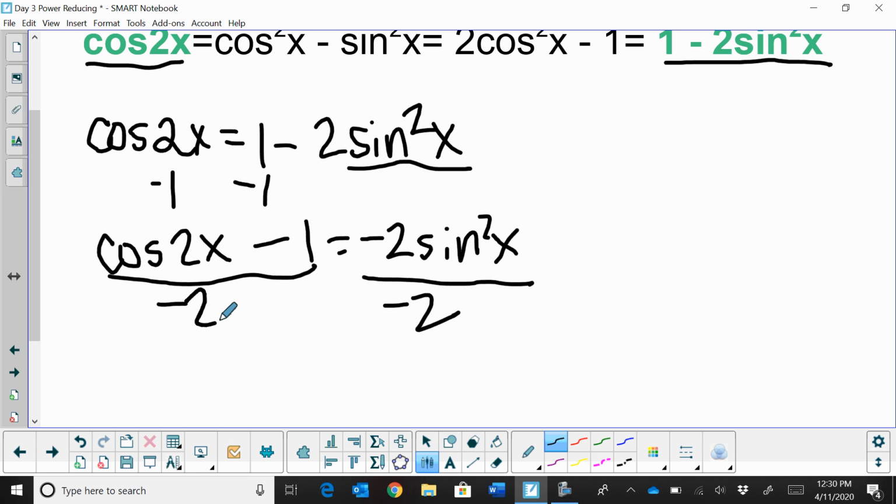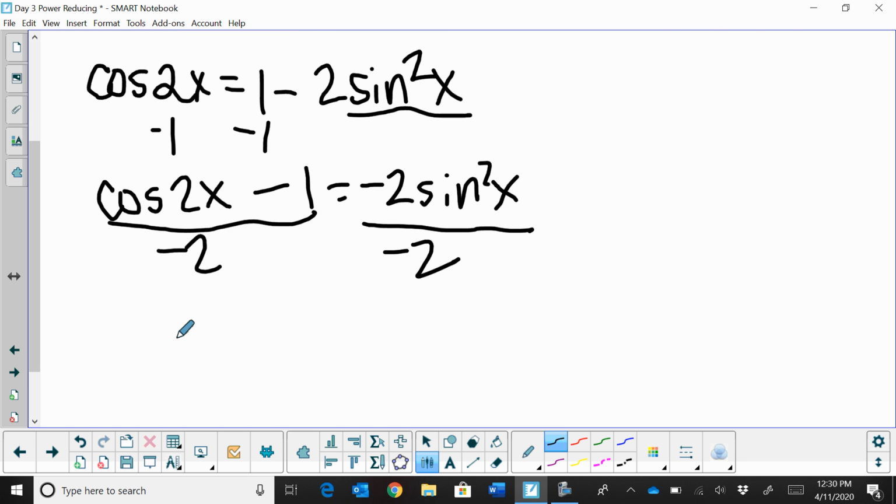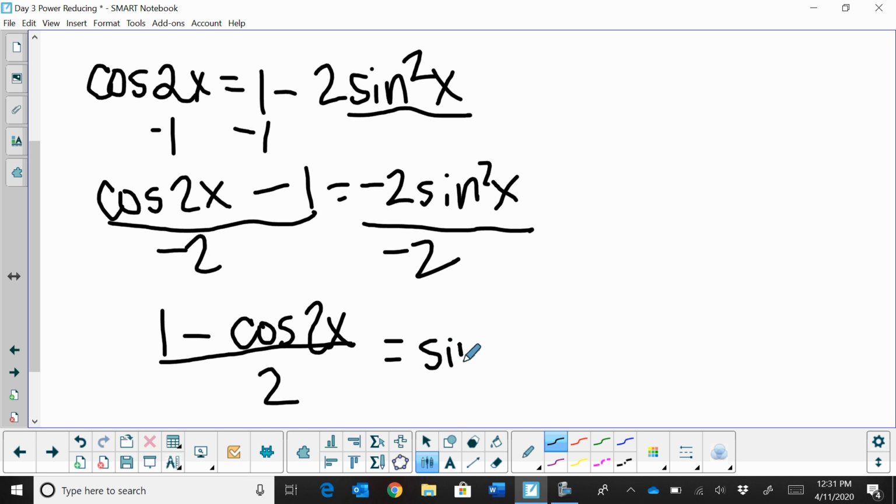When we divide by negative 2, let's kind of clean this up. That's going to make this a positive 1 and that a negative cosine of 2x. So let's write this as 1 minus cosine of 2x all over positive 2 is equal to sine squared x.